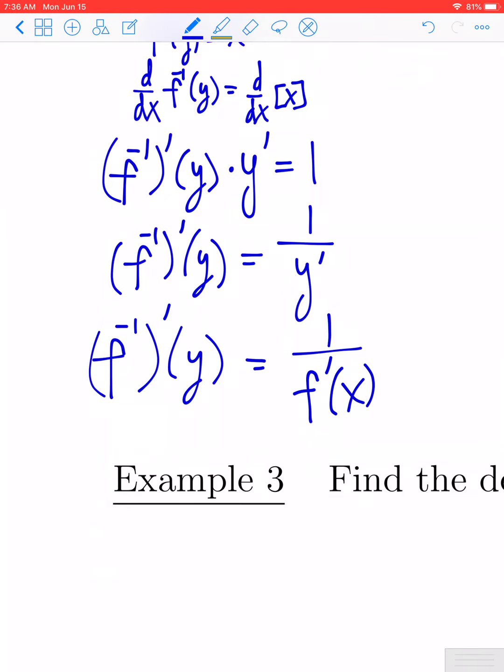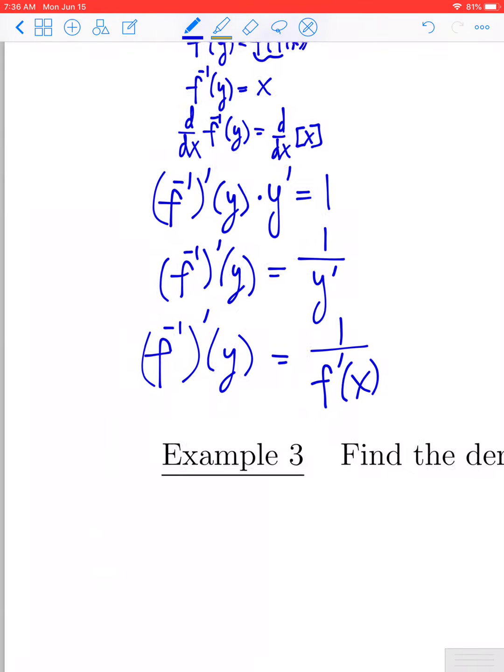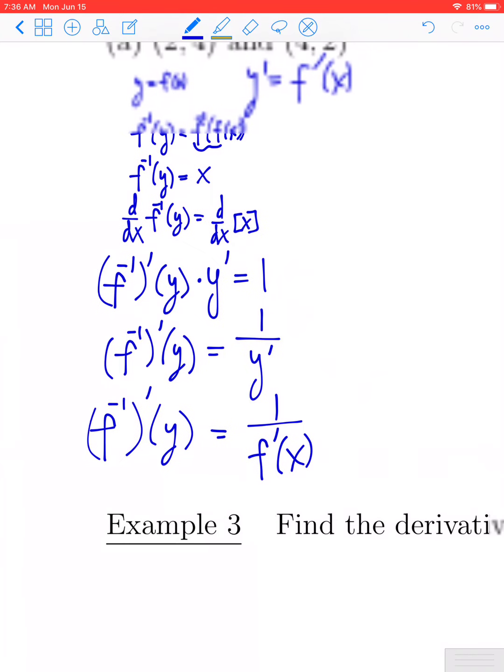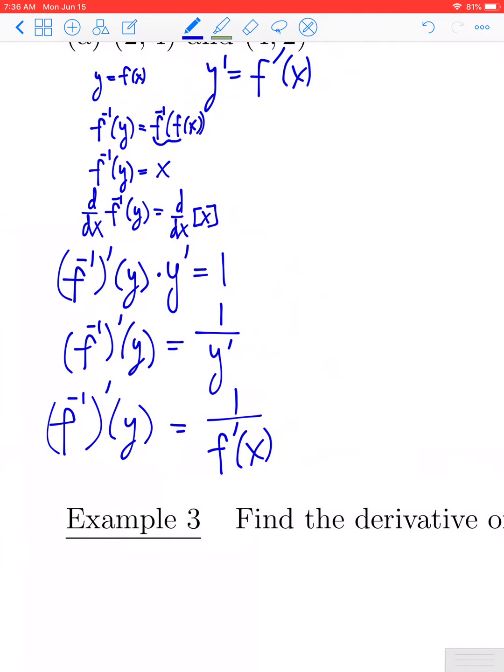So it's going to be 1 over f prime of x. But now I want to have a function of x. So everywhere I see a y, y is equal to f of x. Let's get rid of the x first. If I replace the x, what is x equal to? x is equal to f inverse of y.